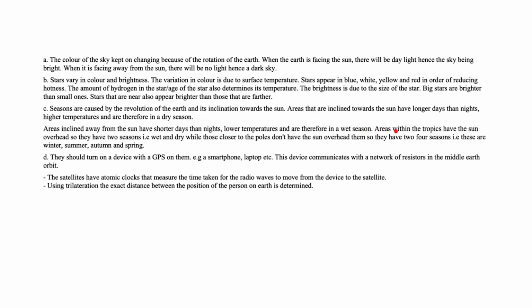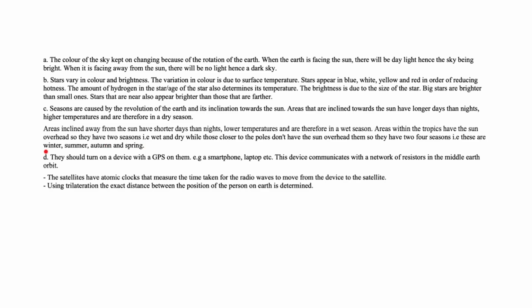Areas within the tropics have the Sun overhead, so they have two seasons, that is to say the wet season and a dry season, while those closer to the poles don't have the Sun overhead, so they have 2 to 4 seasons, i.e. winter, summer, autumn, and spring.